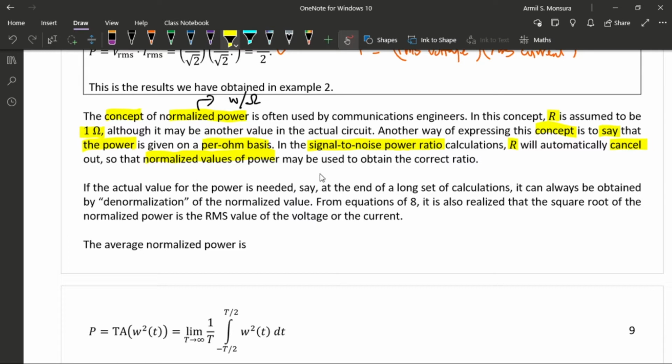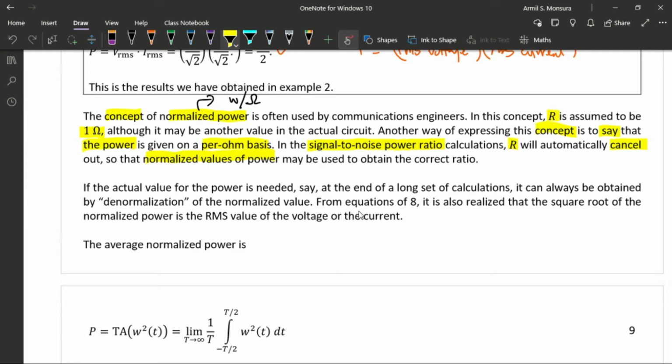Because of the idea of the normalized power. The idea of normalized power is useful when we compute powers and we don't really have an idea of the characteristics of the load that will dissipate the power.